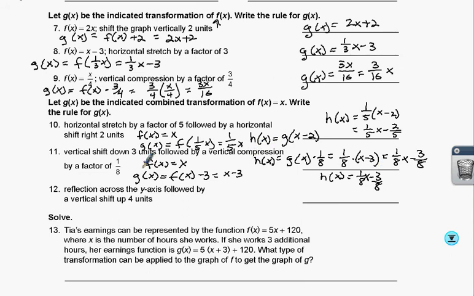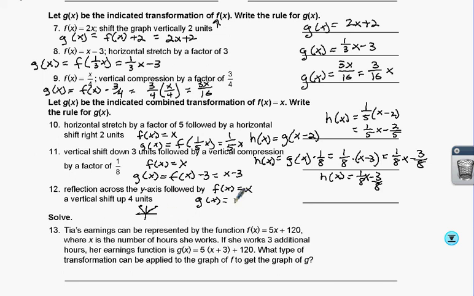Okay? And then a reflection across the y-axis followed by a vertical shift up 4 units. So if f of x is equal to x, then g of x, which is, we're reflecting across the x-axis, or y-axis, excuse me. So remember, if I'm reflecting across the y-axis, my x's are different, my y stayed the same.